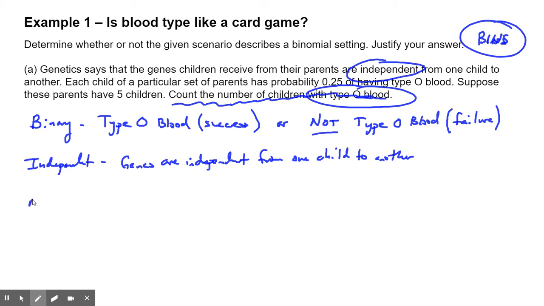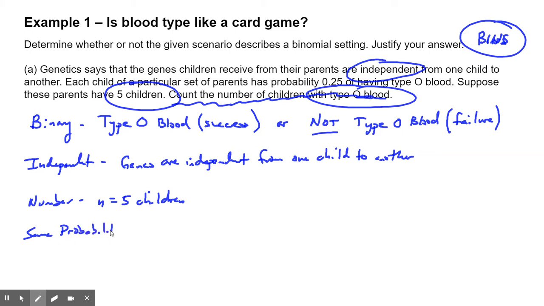Great. Next is N for number. So how many kids are we looking at right here? Suppose the parents have 5 children. So your n value is 5 for the number of children we look at. And then S stands for same probability.